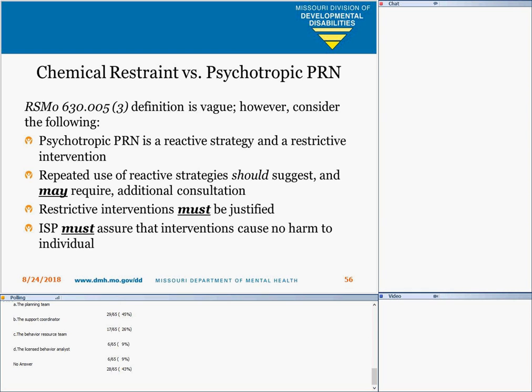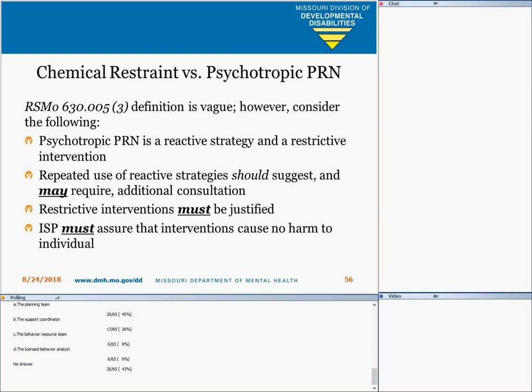So according to the definition, the following: a psychotropic PRN is a reactive strategy and a restrictive intervention. Use of this reactive strategy should suggest, and if you meet criteria, may require additional consultation.